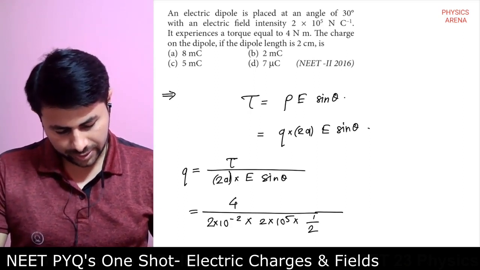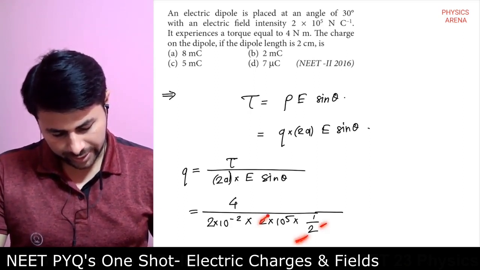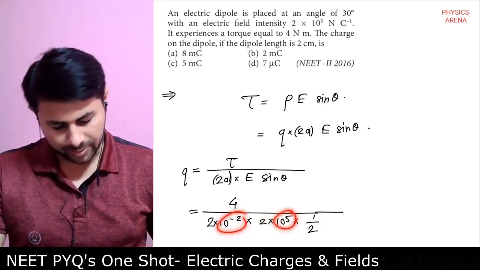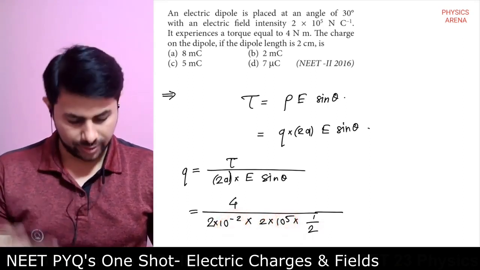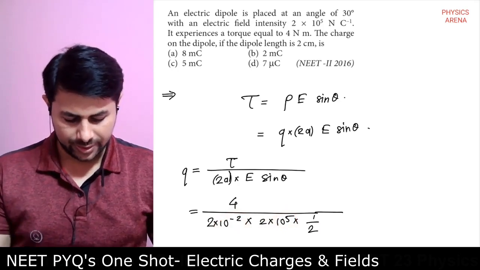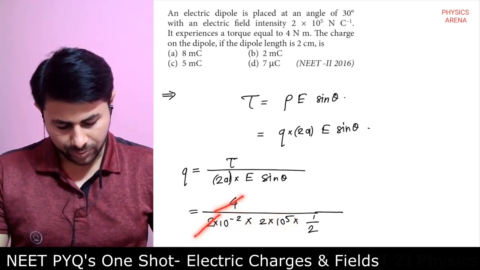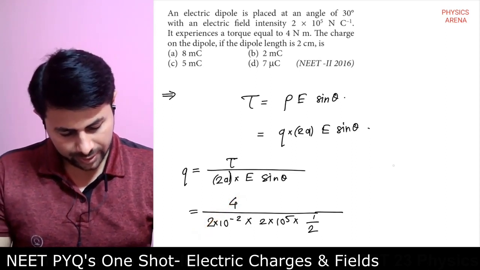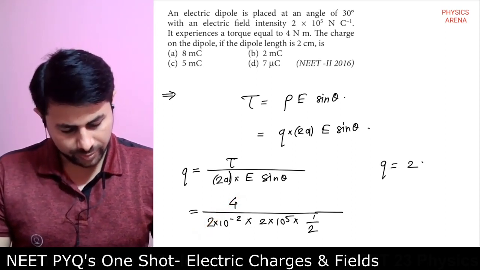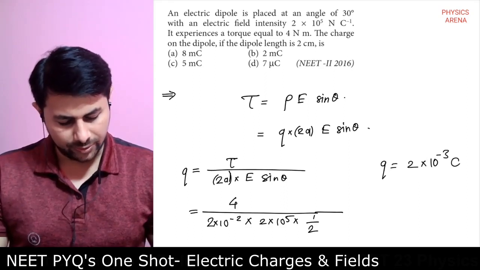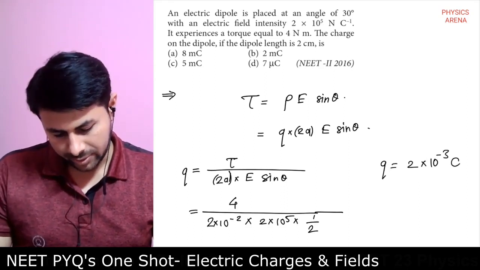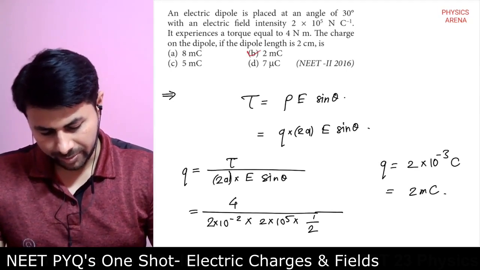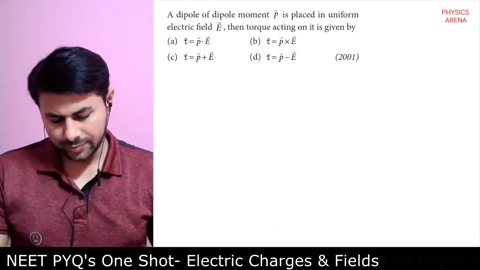So this 2 and 2 get cancelled. 10 raised to 5 multiplied by 10 raised to minus 2 is 10 raised to 3. Take it in the numerator, it's 10 raised to minus 3. So 4 upon 2 is 2. So the answer is 2 multiplied by 10 raised to minus 3 coulombs. So that is 2 millicoulombs. Okay, option B. Next question.